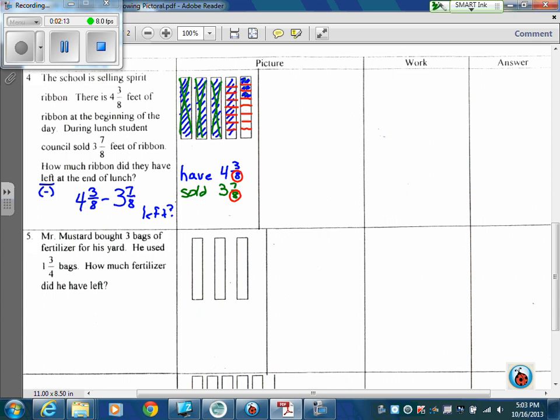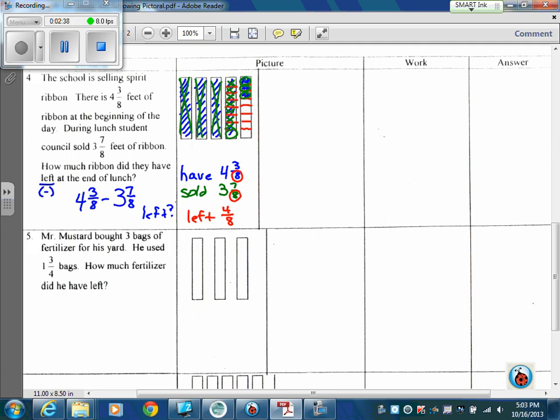Well, yes, now I can take away 1, 2, 3, 4, 5, 6, 7. And I still have 1, 2, 3, 4. We should have 4 left out of 8 in each.